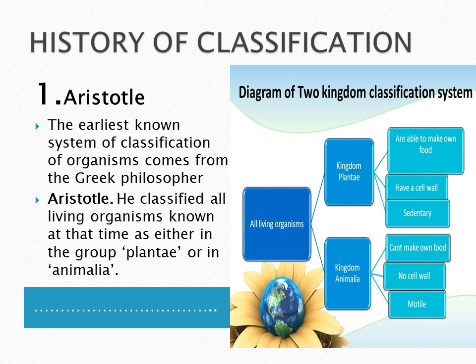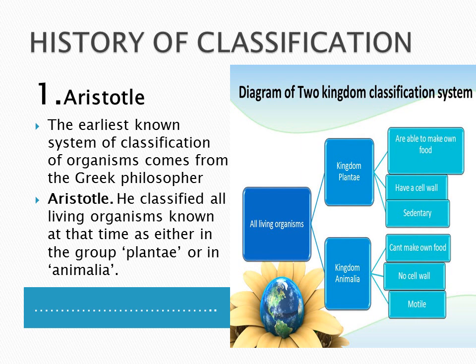Those organisms which can synthesize their food and have a cell wall are categorized into kingdom Plantae. And those organisms which can't synthesize their food and don't have a cell wall, which are motile and can move from one place to another, are categorized into kingdom Animalia.